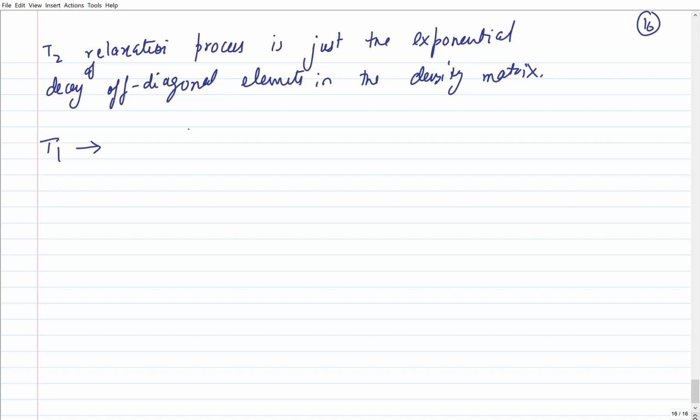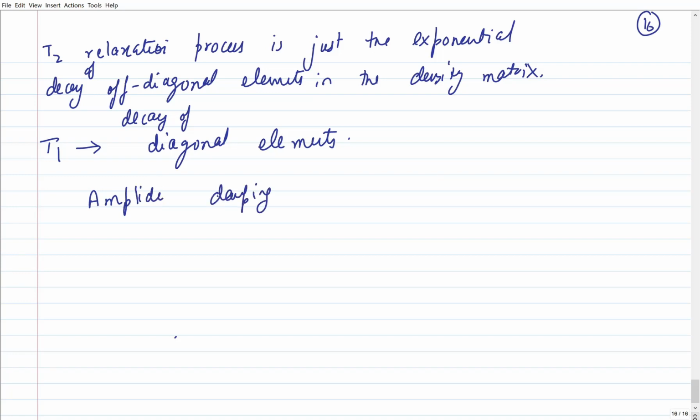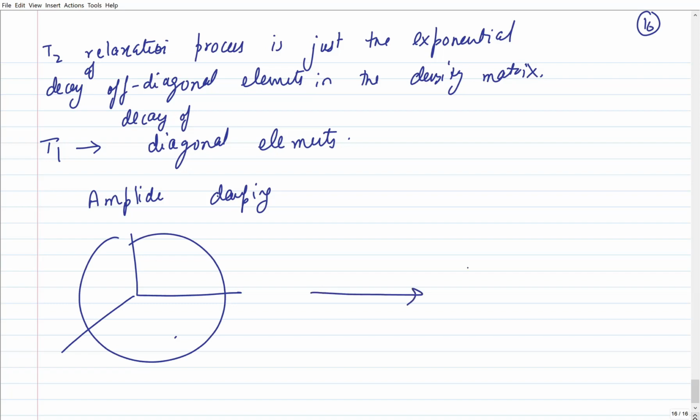T1 was the decay of the diagonal elements. So notice phase damping was analogous to the T2 process, whereas the amplitude damping consisted of both T1 and T2, because amplitude damping took my Bloch sphere and shrunk it towards the North Pole.